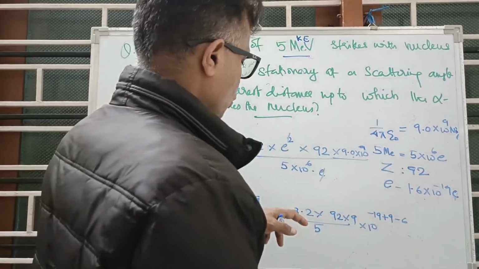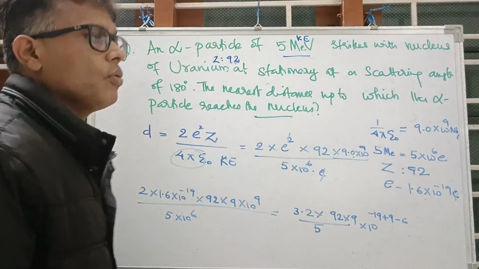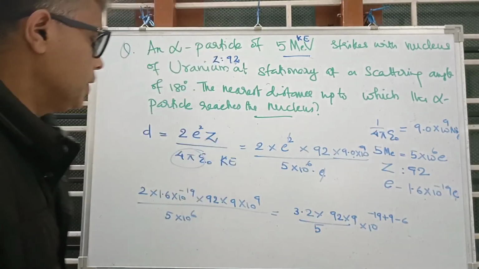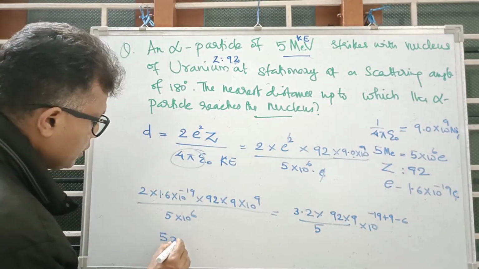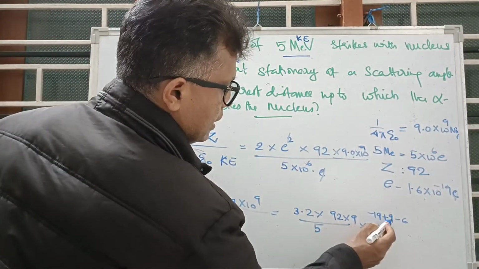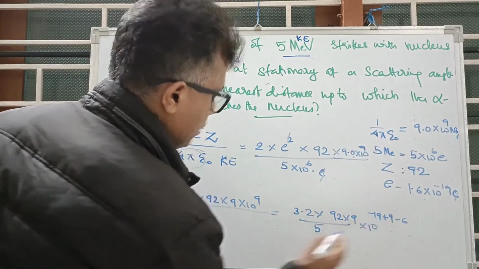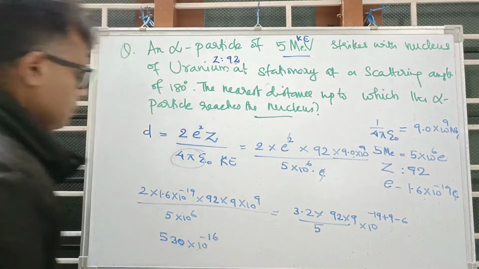Clear, no? So 3.2, 92 into 9, how much are you going to get? You can just calculate, you get 530. And the power is minus 19 plus 9 minus 6, which is minus 16, so 530 into 10 raised to minus 16. That is meter.